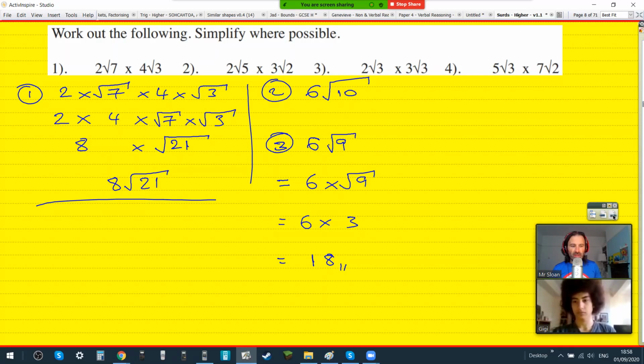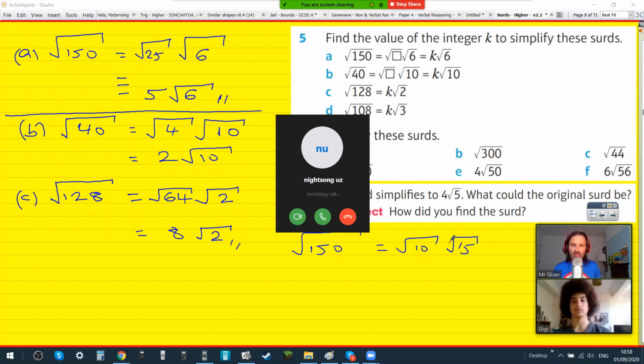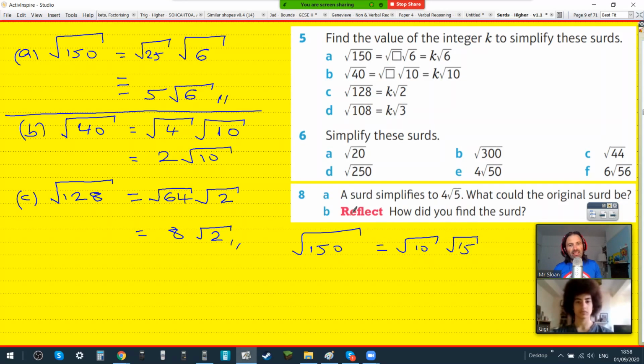Root 150 is like root 10, root 15, but that doesn't get any simpler. But you have to make one of them a square root, and then you can do it.